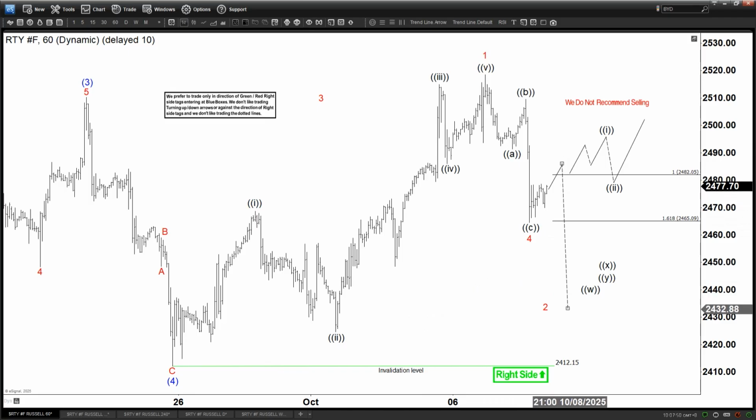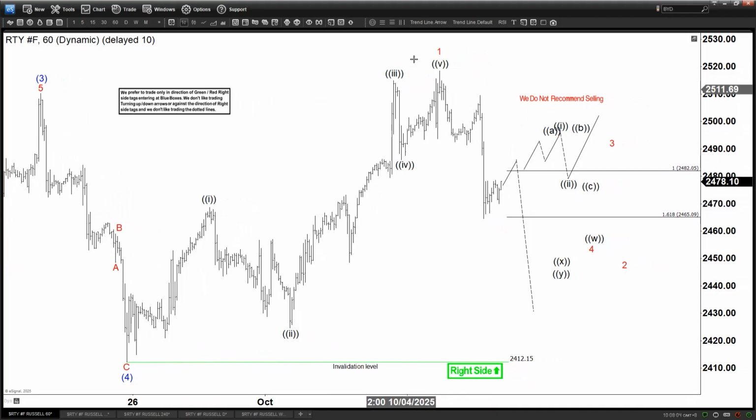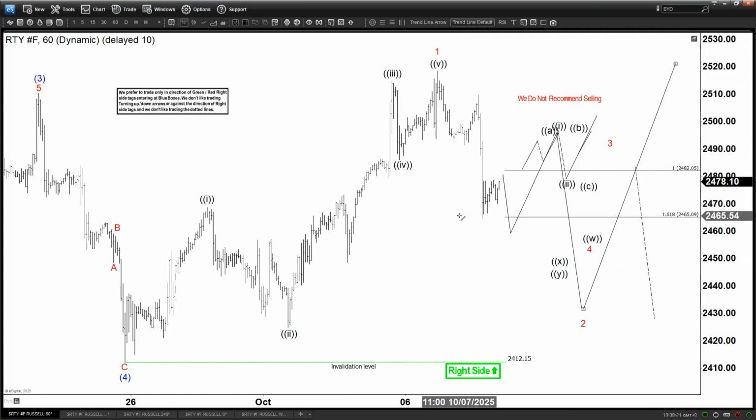I know that if you want one exact count, then what I'm showing you is basically what we think is going to happen, but I'm giving you alternates regardless, right? 1, 2, 3, 4, 5 like this, and then you're going to get a 5, 3, 5 to correct, right? A 5 waves up, then down, so ABC to finish 2 and go up again. So that's another possibility there.